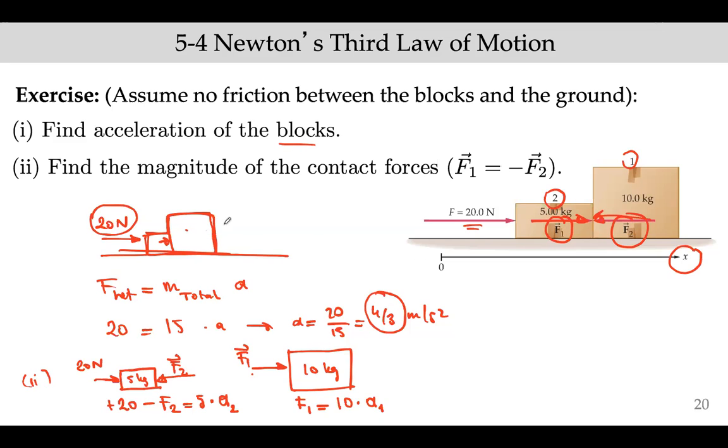If as a whole this object accelerates with 4 divided by 3 meters per second squared, that also means this object's acceleration is 4 divided by 3, and the acceleration of this object is 4 divided by 3 as well.